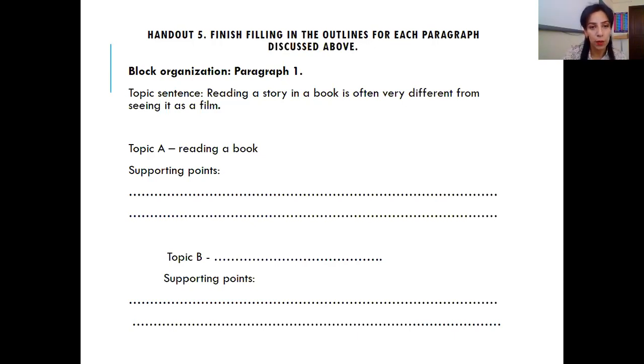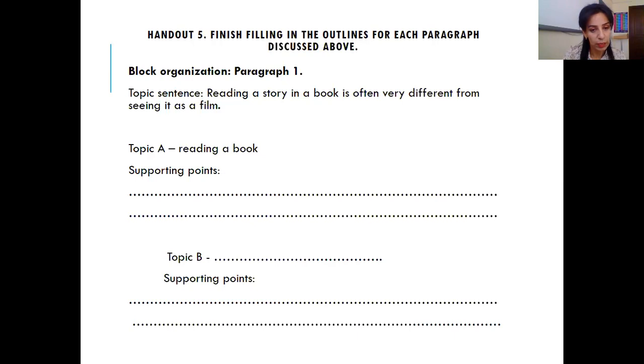So reading a book, paragraph 1, is according to the block organization. The second, which was about Marilyn Monroe, was given in the point-by-point organization. So topic A, reading a book: you use imagination, descriptions of people, places, things let you see pictures in your mind.